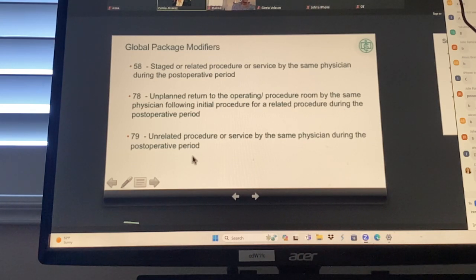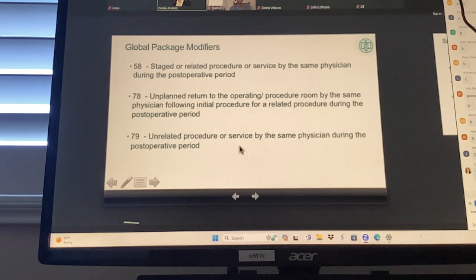The 79 would be, let's say that you had a fracture of your arm and you had some pins in your arm, and then you're home, and a week later you fall, and now you have a fractured ankle. Then you go back in with a 79 because it's unrelated. It's not the arm, it's the ankle.